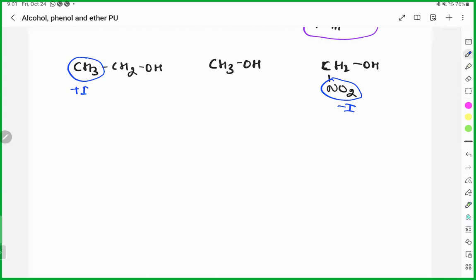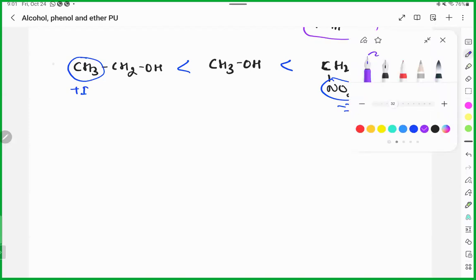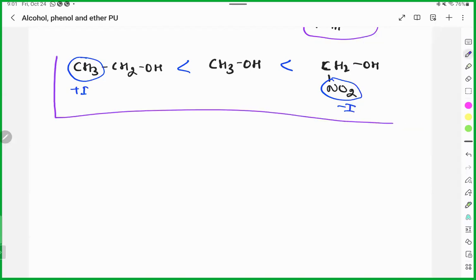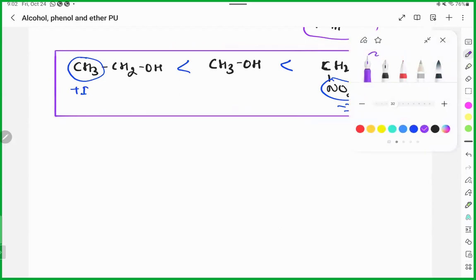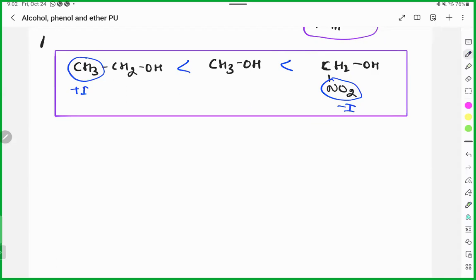Electron withdrawing group increases acidic character. So this is the simplest answer. The withdrawing group increases acidic character and the donating group will decrease it. So this is about acidic character.